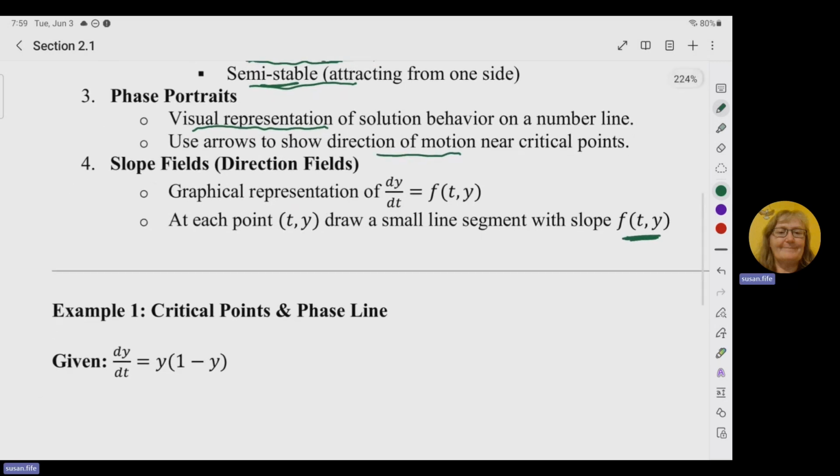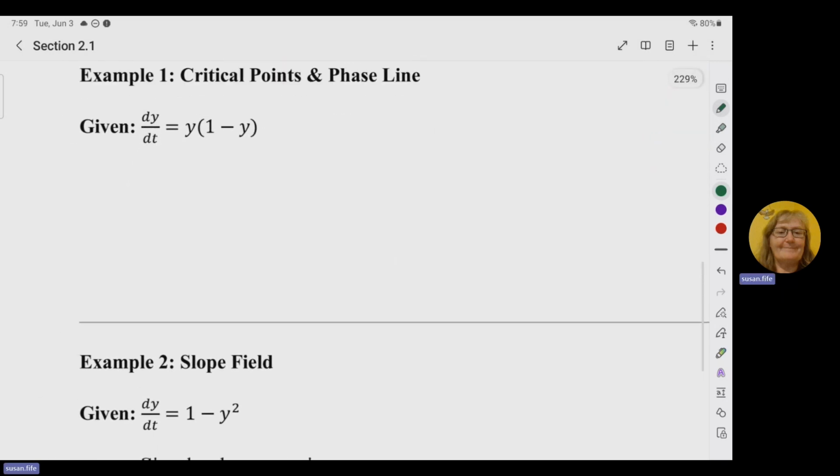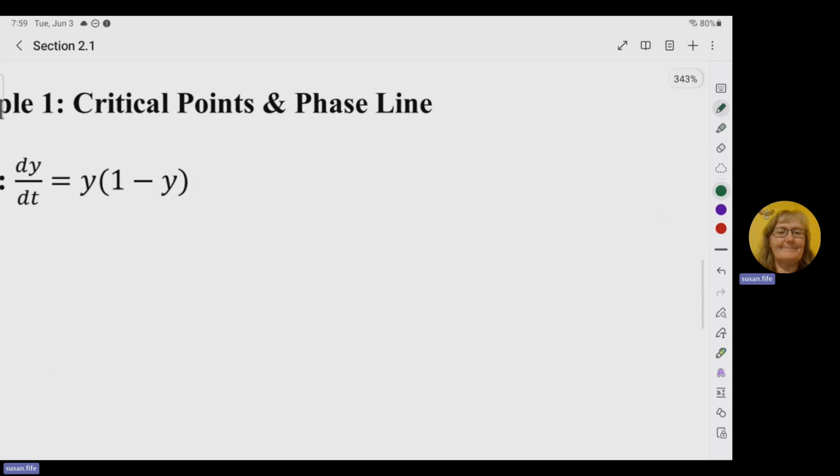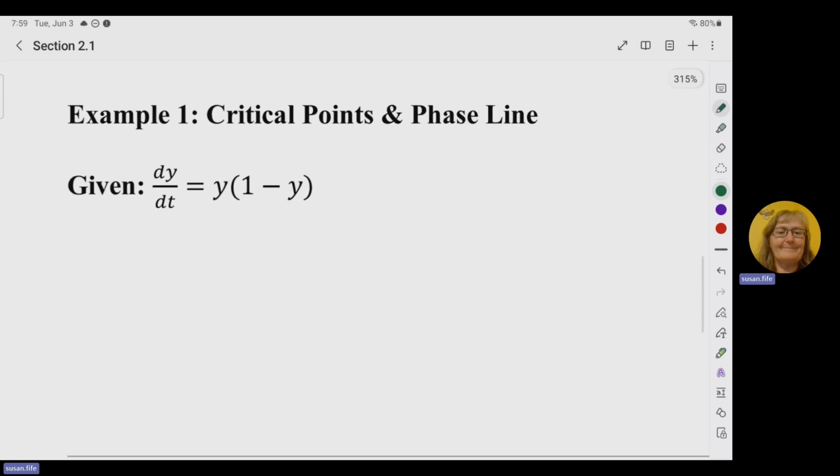So here's our examples. Example 1, I just give you this equation. Given this first order differential equation, the derivative of y with respect to t is equal to y times 1 minus y. First, we can find critical values by setting the derivative equal to 0.